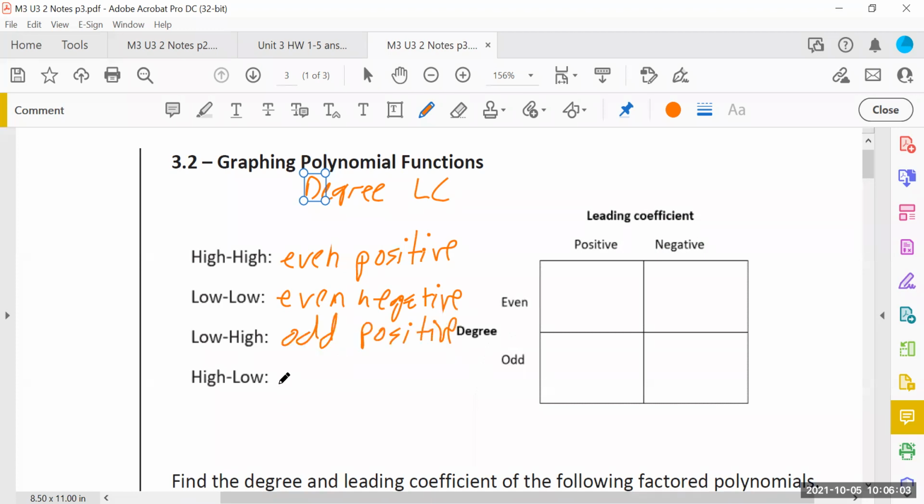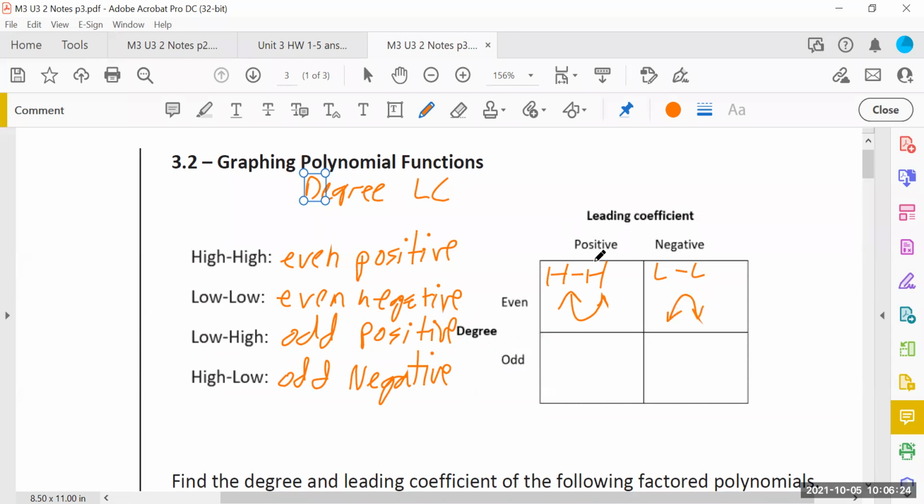And if you want to see that organized a different way, we've got that over here. Positive and even gives us high, high, which again looks kind of like a parabola. Even and negative gave us low, low, like an upside down parabola.